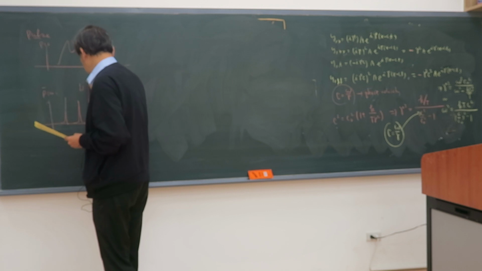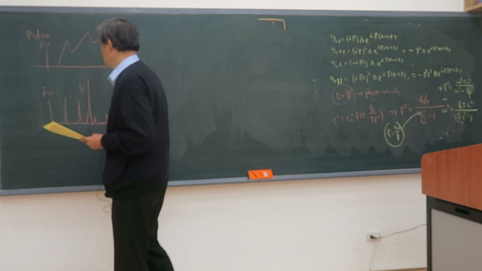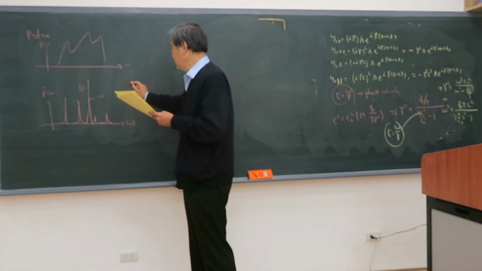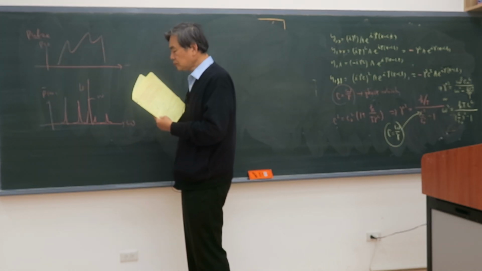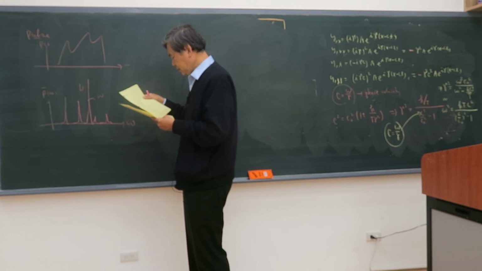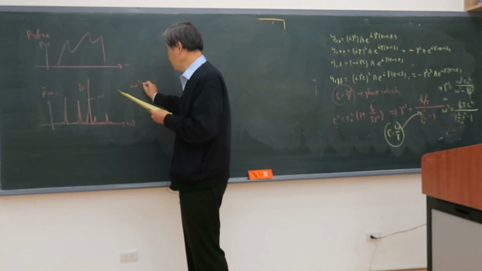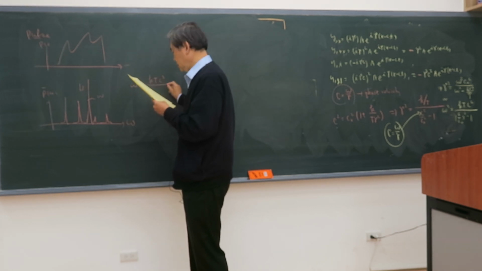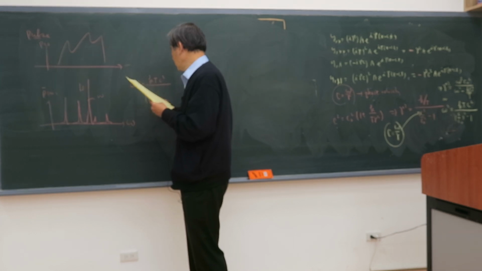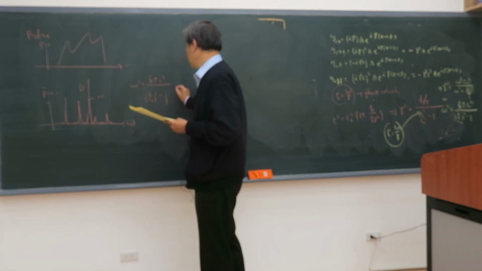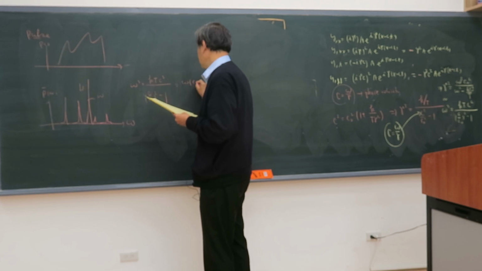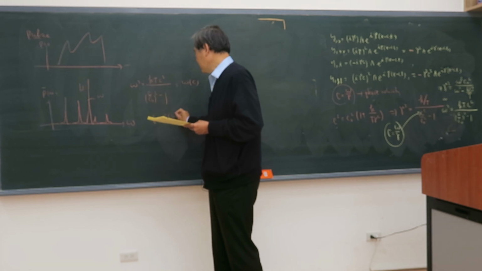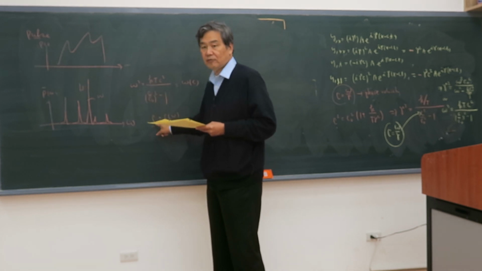Each ω travels with its own speed, where ω² is equal to KT c² over (c0² minus 1). That means ω is a function of c, or inversely, c is a function of ω. So different ω will have different wave speed.